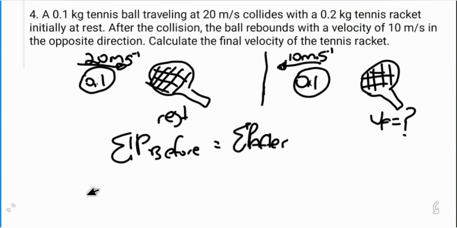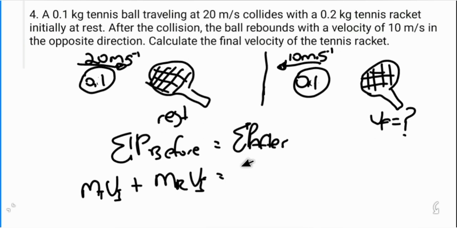We have two objects, a tennis ball and a racket. We need the mass of the tennis ball times the initial velocity of the tennis ball, plus the mass of the racket times the initial velocity of the racket. Since the racket was not moving, there was no momentum for the racket, even though we know the initial velocity of the racket is 0, we're going to include it in our formula.